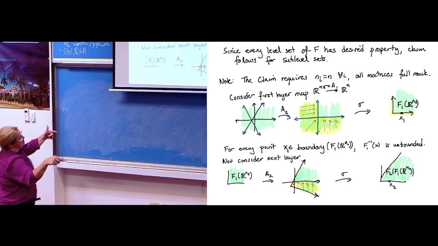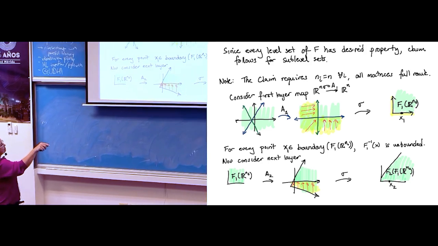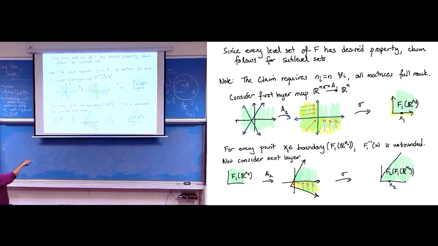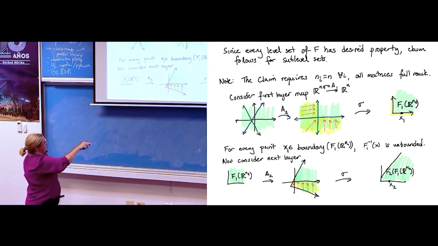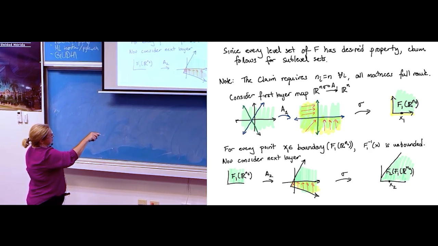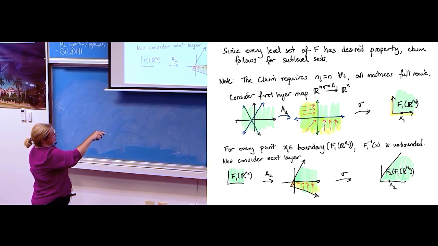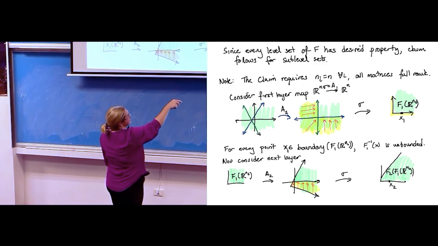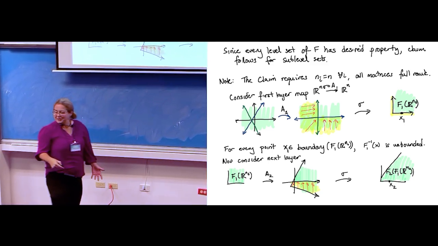Now let's consider the next layer map. I've just redrawn it here. You map it forward, maybe now it looks like this, and then you apply the ReLU, which takes all the negative stuff and makes it 0. So now it looks like this. Now again, if you pick a point in the boundary, what could have happened?